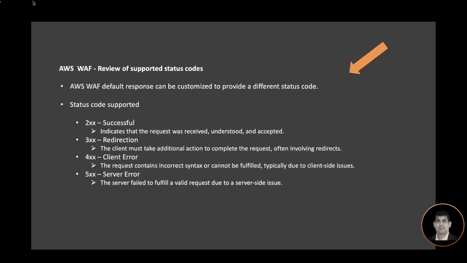A lot of 3xx status codes are supported for redirection. 4xx for client error, like one very popular one that you probably have seen, 404 for resource not found, and that's the one we're going to use. And then 5xx, the server error, like server issue. So those status codes are also supported.